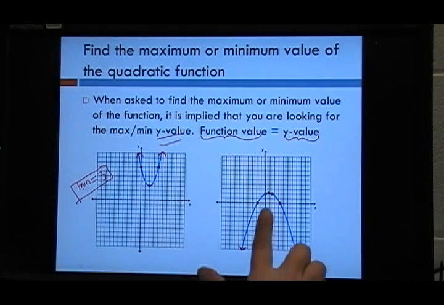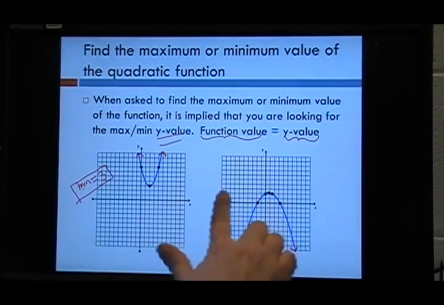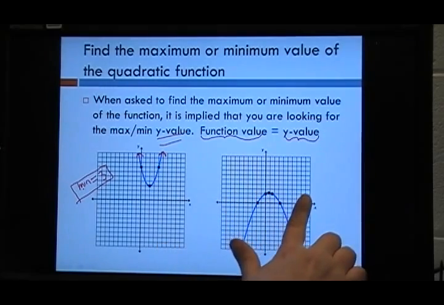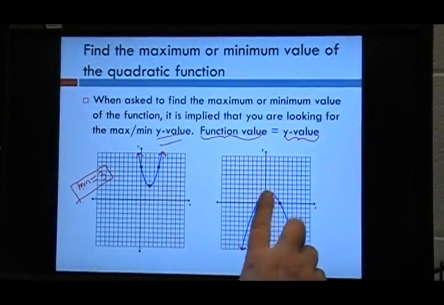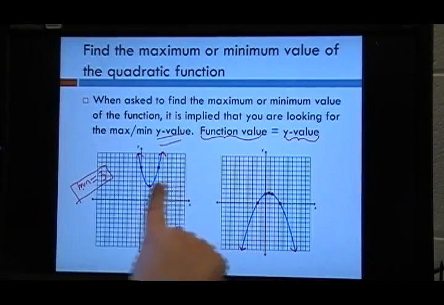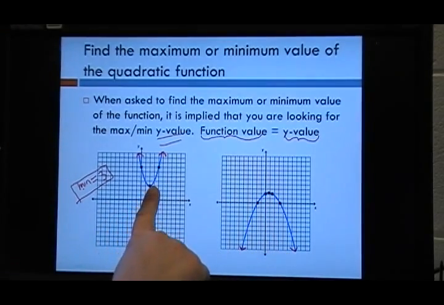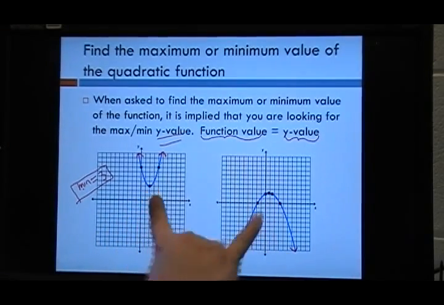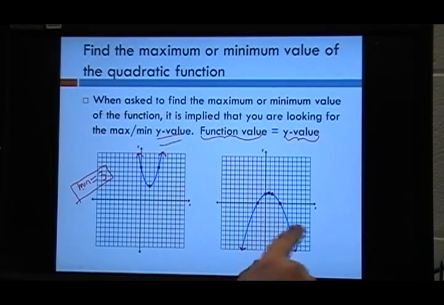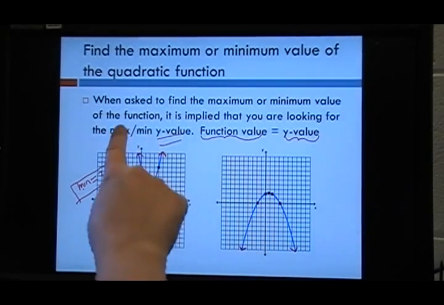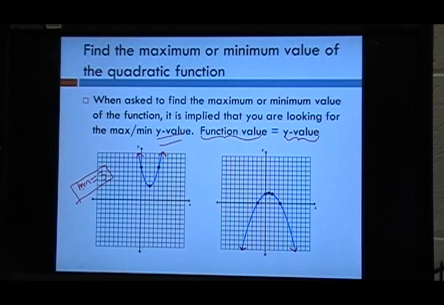It does, however, have a highest point, and the y-coordinate of that highest point is 2. That highest point and that lowest point, please note, happen at the vertex. So this function does not have a minimum, but it does have a maximum y value equal to 2.